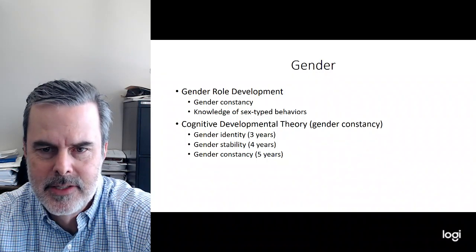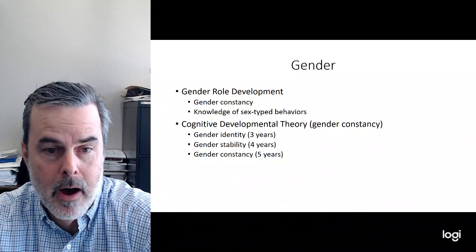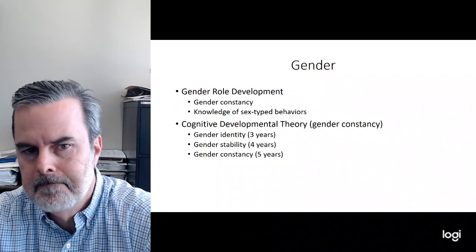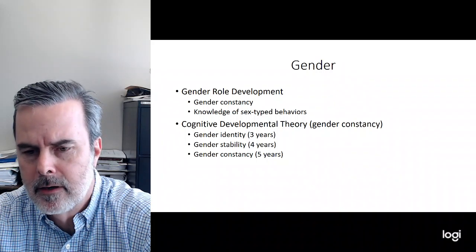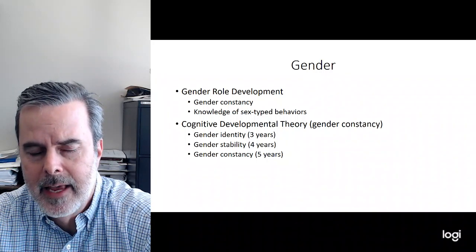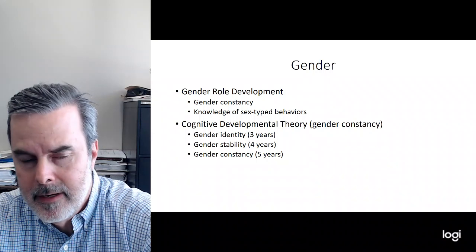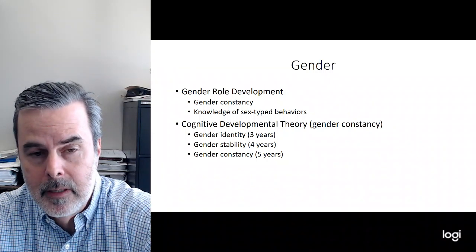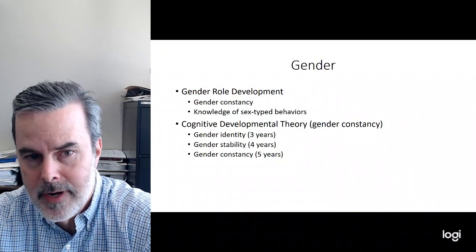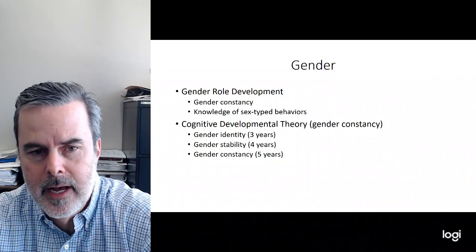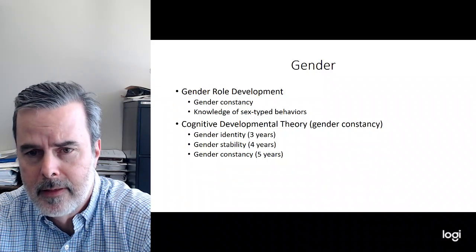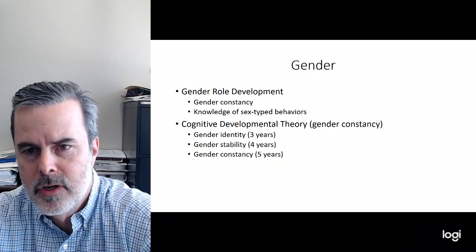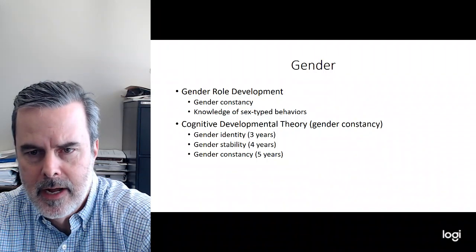So if kids in the stage of gender identity are presented with a man wearing a dress and are asked whether the man is a man or a woman, they often say the man is a woman, even if they had just seen the man without the dress and subsequently seen the man put on the dress. It seems like these kids are fooled by appearances and don't fully understand gender constancy.